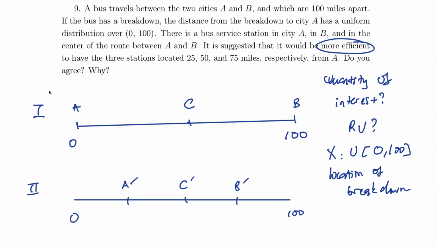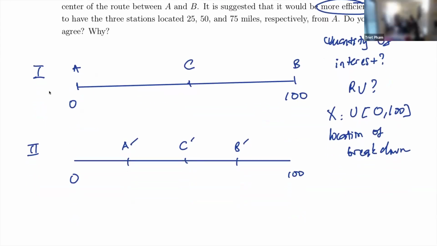Probably the distance from the breakdown to the nearest station. That's correct, exactly. That's very good in terms of English description. We want to look at the distance from X to the nearest service location.